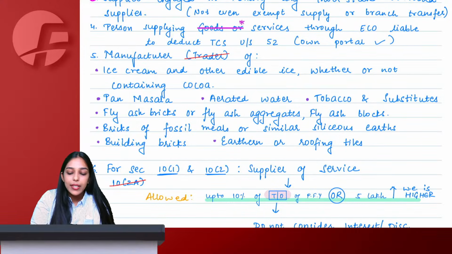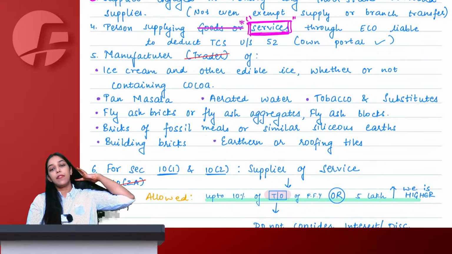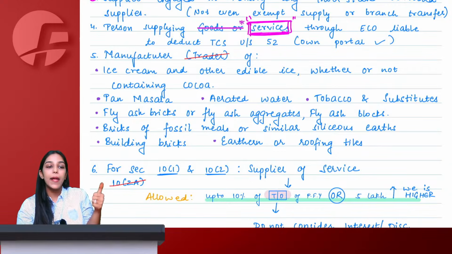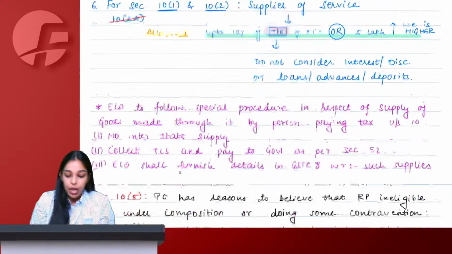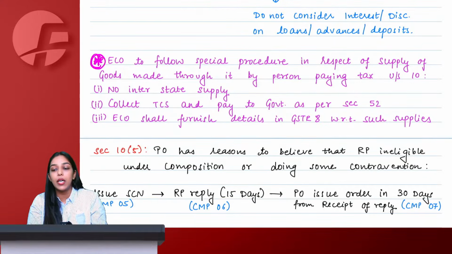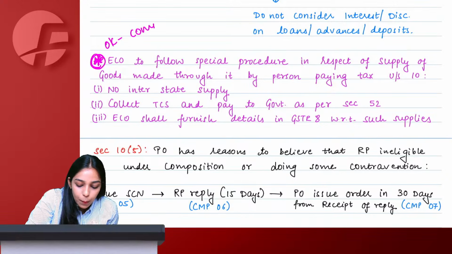But now it is amended, and this provision says, if I am supplying services through an e-commerce operator who collects my TCS, then I cannot opt for the composition scheme. But if I am supplying goods through an e-commerce operator where my TCS is collected, it is okay. I can be a composition person.